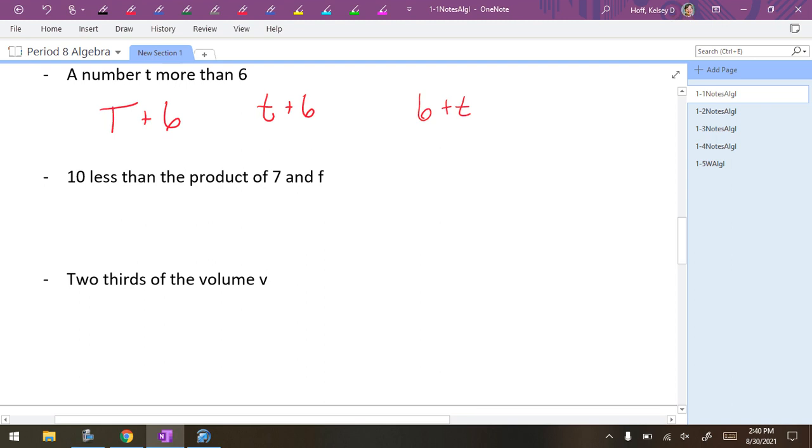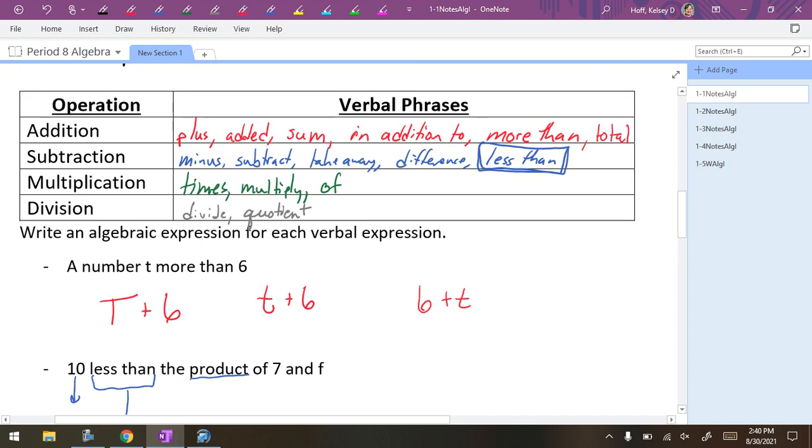This one I'm going to do with you because it's got that special phrase in it. 10 less than the product of 7 and f. So the way I attack this is I say, okay, well, 10's a number. Less than means what? Subtract. Product means, ooh, this is another one we probably should have added up here.